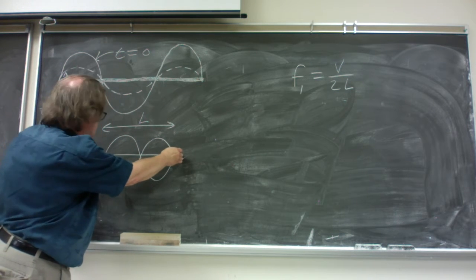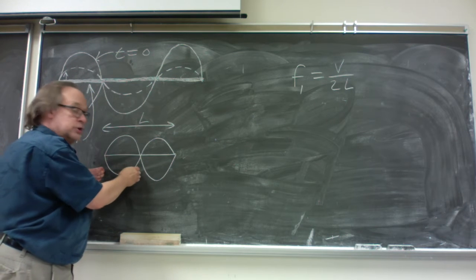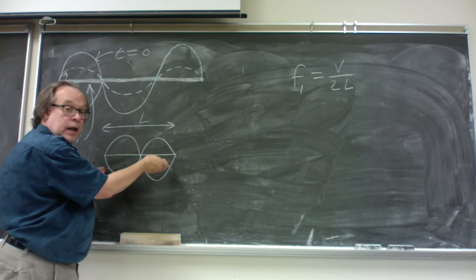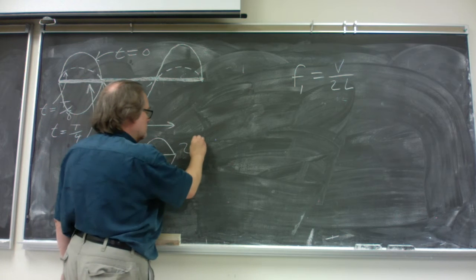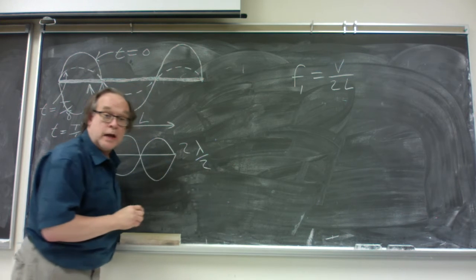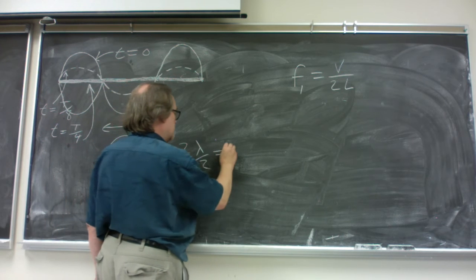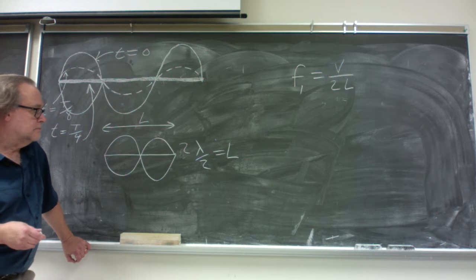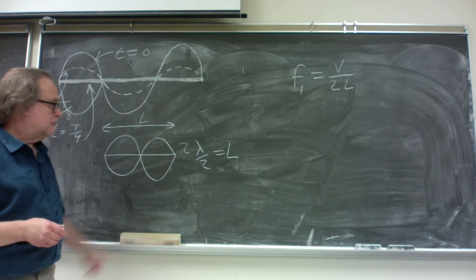Same length of the string. Now we see that node to node, which is half a wavelength, is half of the string length. Or, to put it another way, 2 half wavelengths equals the string length.